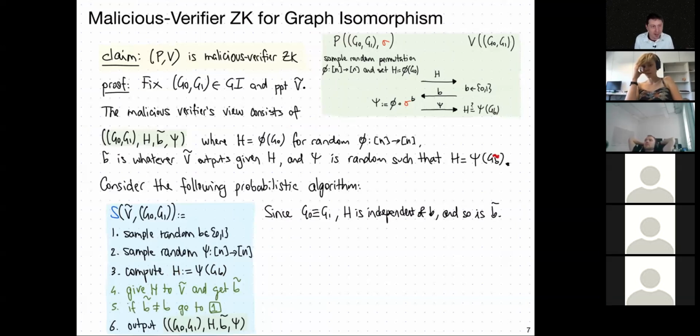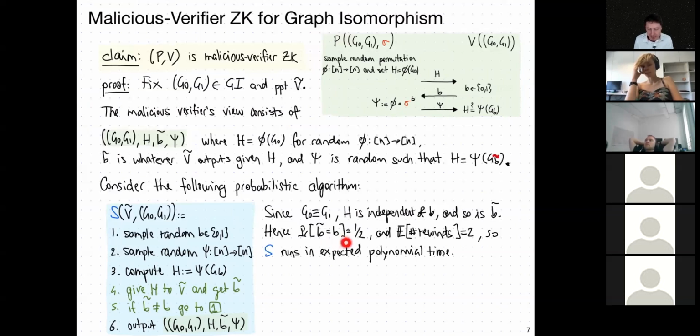It receives H, and H carries no information about B. In other words, H is independent of B. So B tilde, output by V tilde based on H, is also independent of B, right? So the probability that they are equal is 1/2, and in an expected number of rewinds that is 2, we're going to halt. So I just argued that the simulator runs in expected polynomial time. Each of its runs is polynomial time, and in expectation, it takes 2 rewinds to halt.